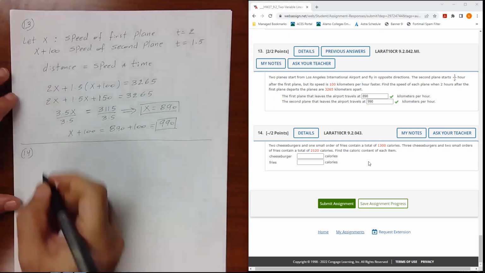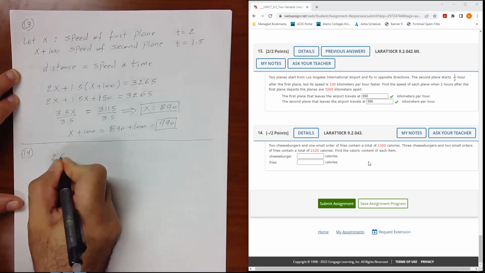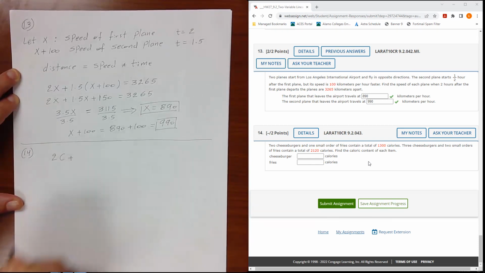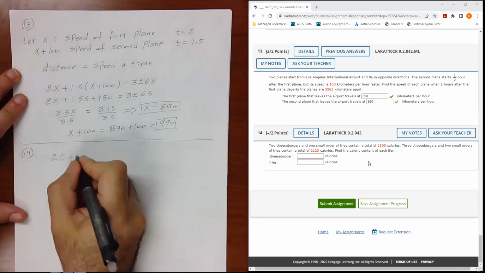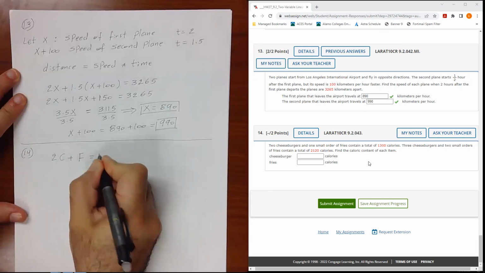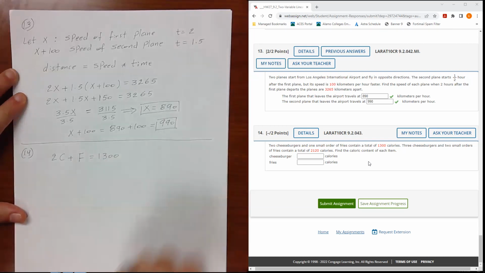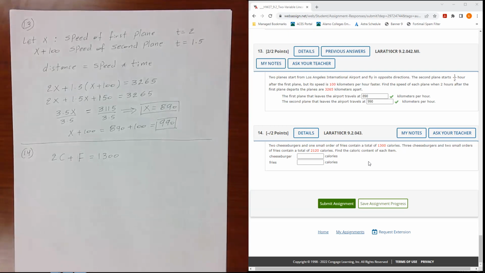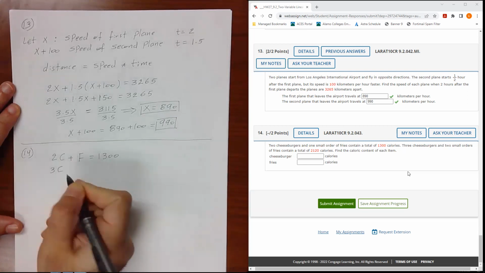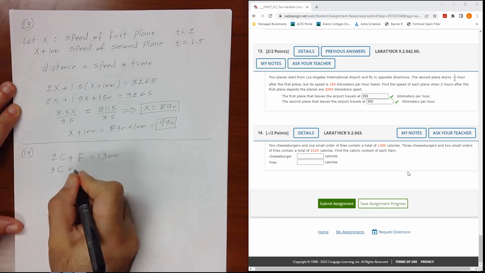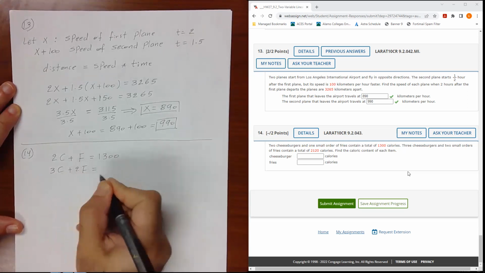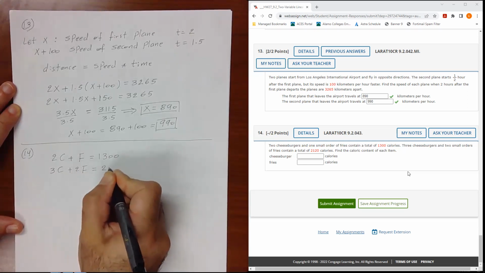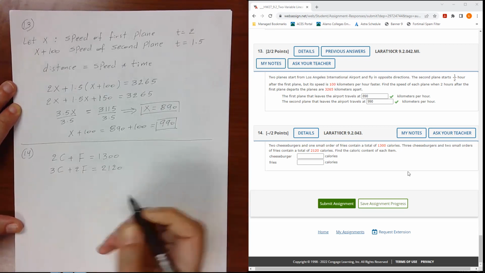So 2 cheeseburgers plus 1 order of fries equals 1,300 calories. So here is the first equation. Let's keep going. 3 cheeseburgers and 2 small orders of fries equal 2,120.